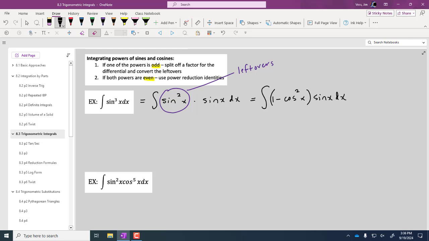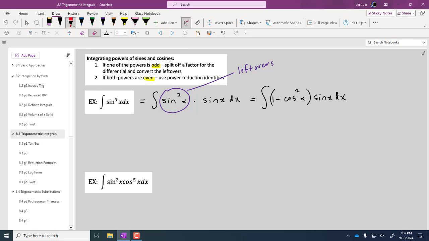And what do you think the only choice for u would be? 1 minus cosine squared. Nope. Because if you did let u be 1 minus cosine squared, then the derivative would be chain rule. You bring down a 2, you subtract 1, then you take the derivative of cosine, you get a messy thing. So you're on the right track, you're looking in the right place, but you should just be cosine.